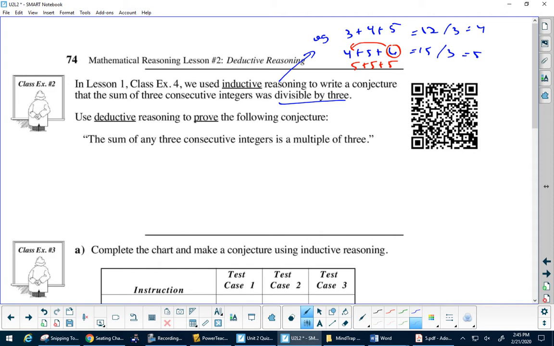Now, I'm going to show you how to do these, and they may not seem that easy at first, but the more you do them, the better they're going to get. So what we're going to do is call the middle number n. If n is the middle number, what would we call the number before that?